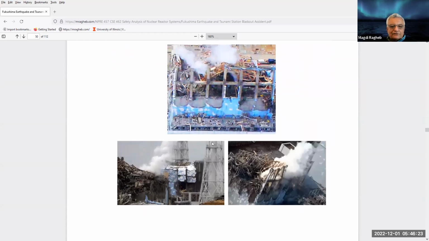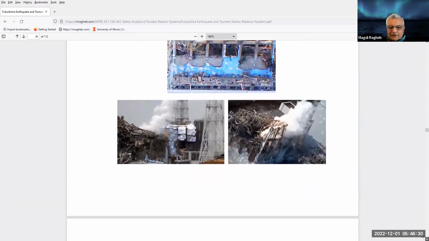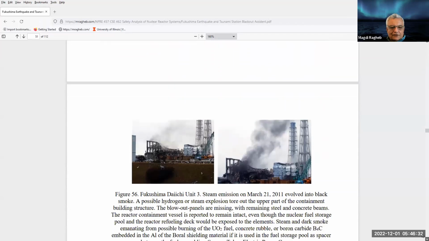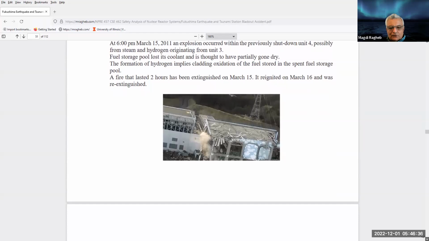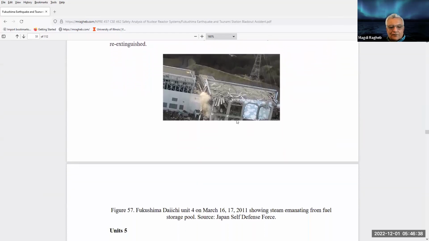These are pictures of the fire in unit number 3 taken from the top. And it was very, very badly destroyed. You could see here the fire. Each unit had a different kind of sequence of events. This is what happened at unit number 4.